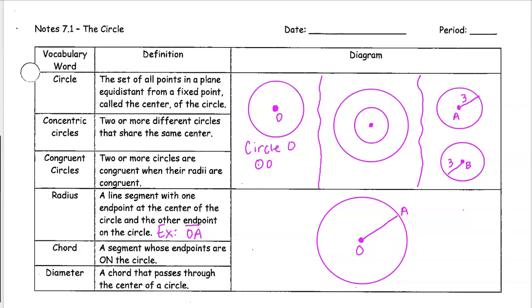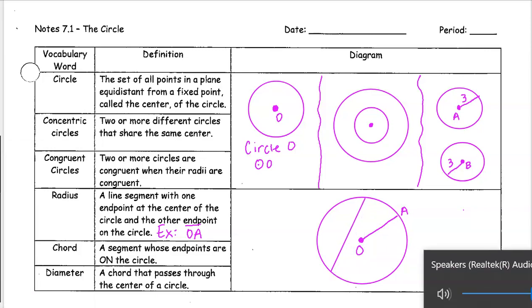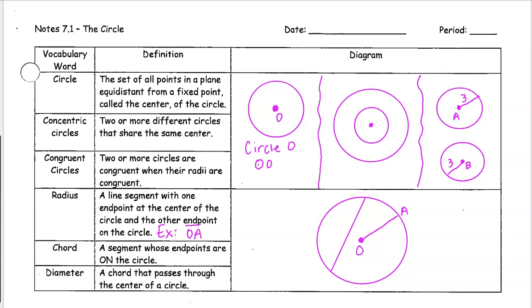Okay, a chord: a segment whose endpoints are on the circle. So the endpoints are on the circle. Let's say something like this. So our example would be BC.